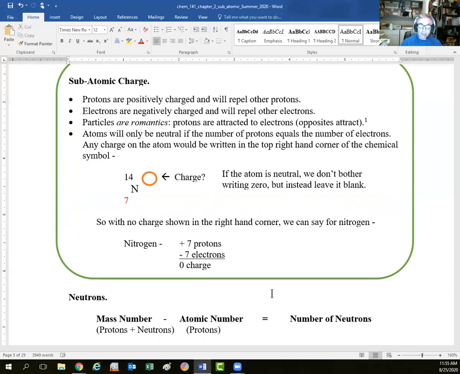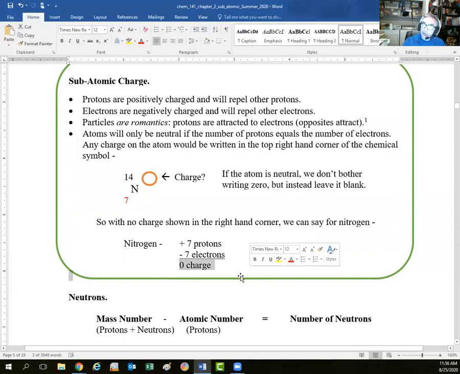That's chapter 3 chemistry next week. If there was an electrical charge, that would be written in the top right-hand corner. If there's no charge, we just leave it blank, and that only happens when there's parity between protons and electrons. Just the pure math of it. 7 positively charged protons minus 7 negatively charged electrons, 0 charge in the atom overall.